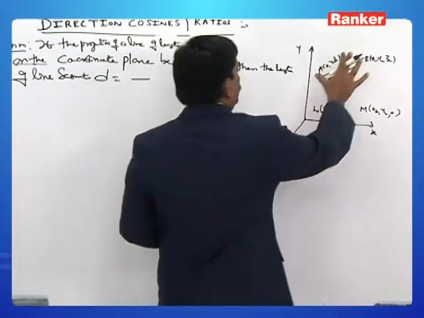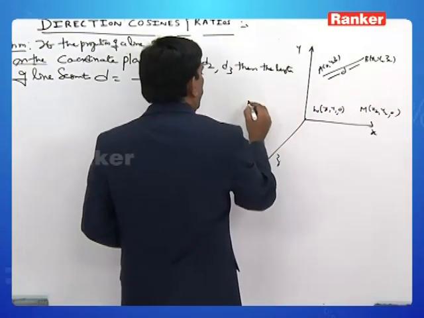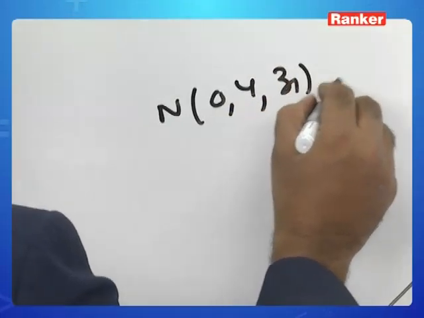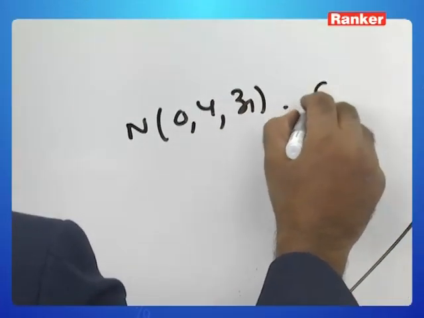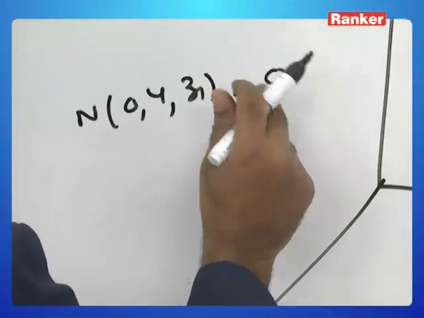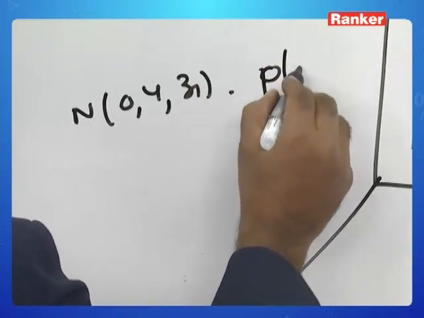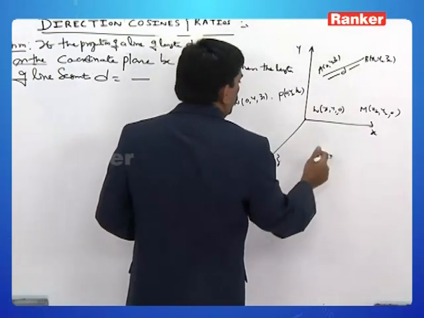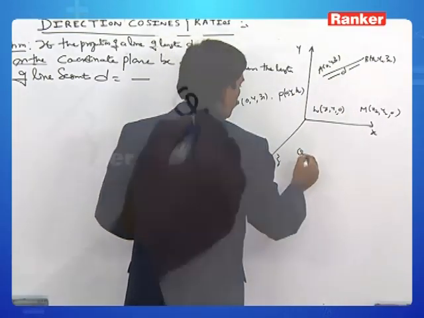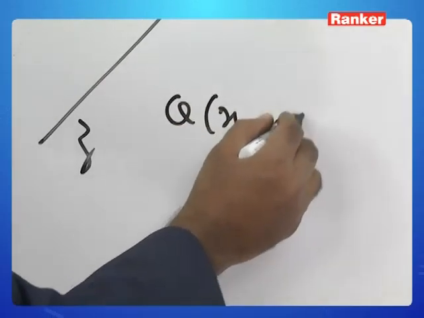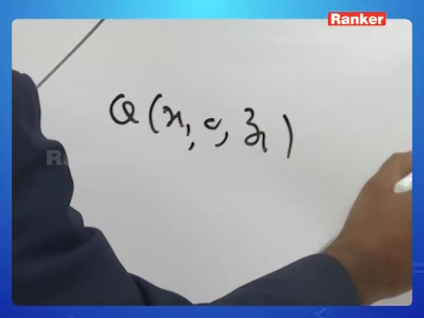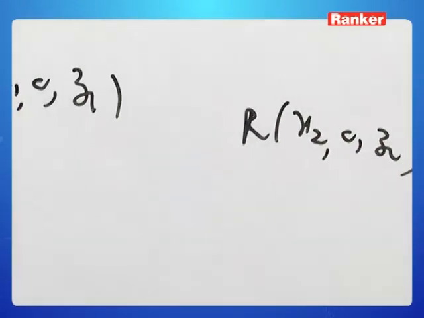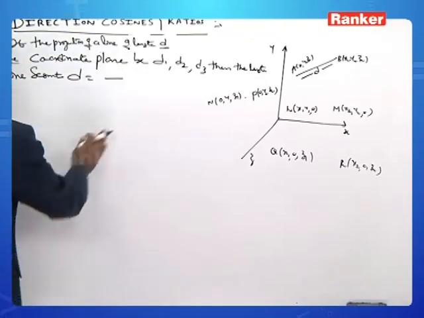Next, the projection of AB on the YZ plane: N is 0, y1, z1 and P is 0, y2, z2. Next, the projection of AB on the ZX plane: Q is x1, 0, z1 and R is x2, 0, z2, right?